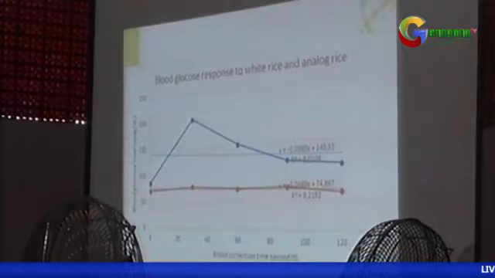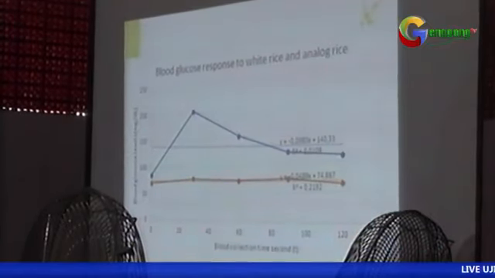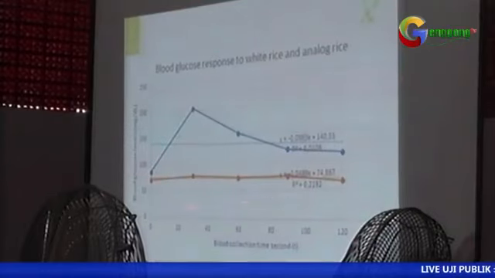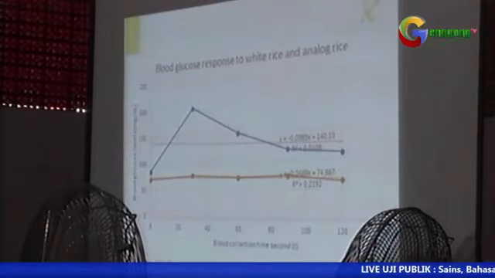Based on the result of measurement of subject glucose level, the average of subject glucose response in the research can be seen in this table. Glycemic index is calculated by comparing the interval curve of analog rice with the interval curve of white rice.